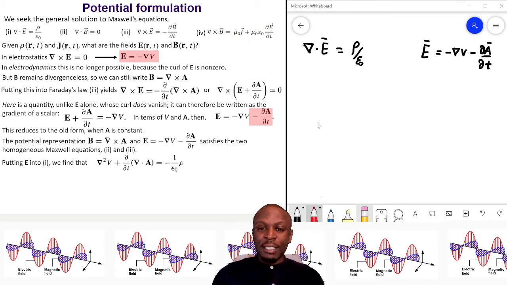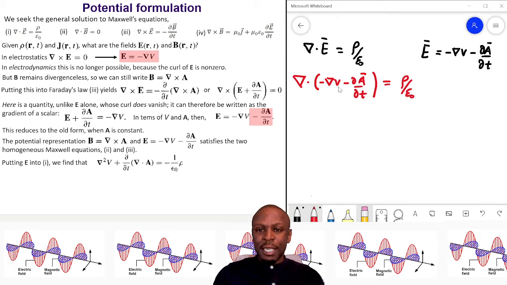Whenever I see the electric field, this is what I'm going to write. Now I'm having the divergence. The divergence of the electric field is the negative gradient of V minus dA dt, and that must equal rho over epsilon naught.